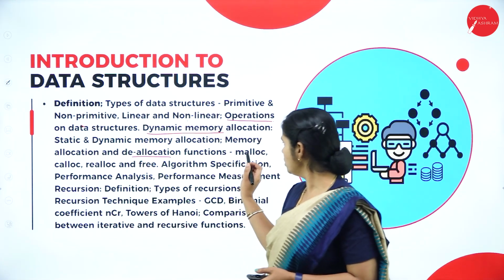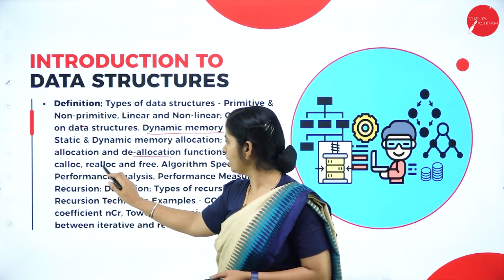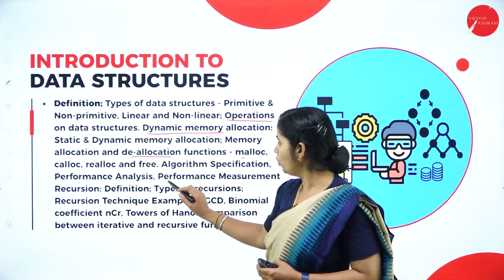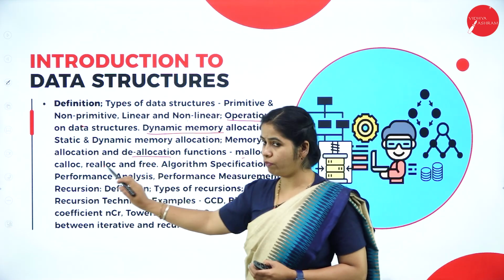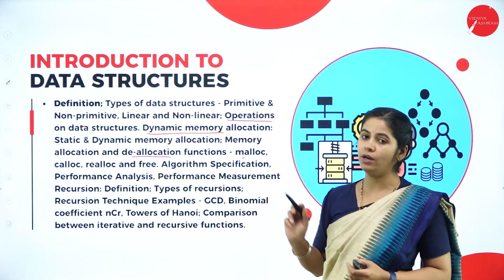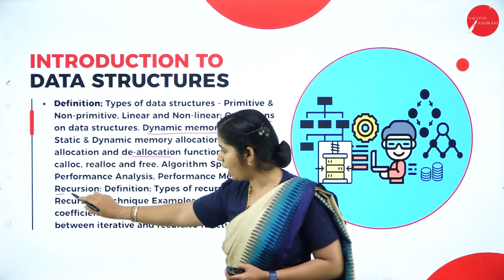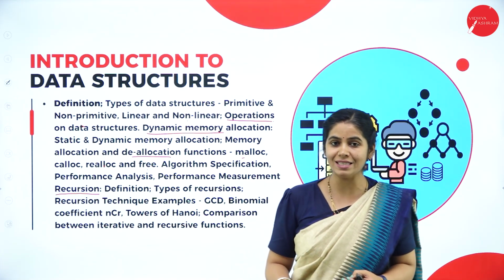The different functions we have for dynamic allocation are malloc, calloc, realloc and free. After this, we are going to discuss the algorithm specification, performance analysis of the algorithm and performance measurement of the algorithm. Then we come to recursion. I have already told you what recursion is: a function calling itself many times.